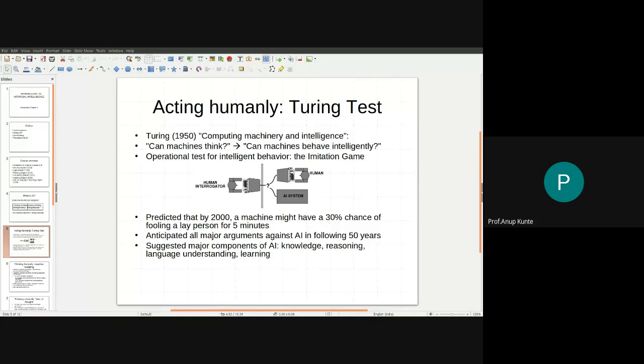Okay, some of the authors or some of the places you will find say that this test is no particular standard as such, but still this test is very important with respect to AI systems.